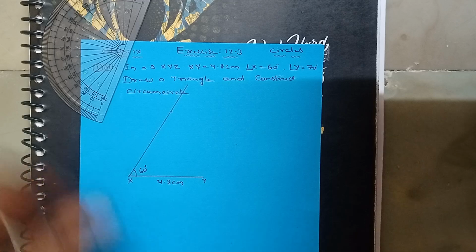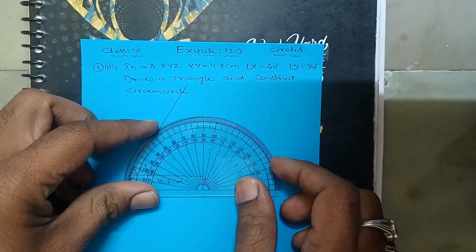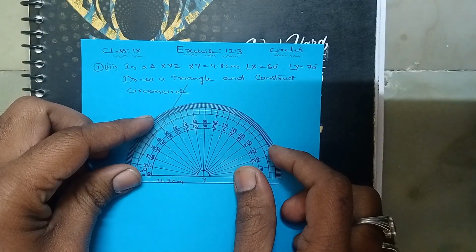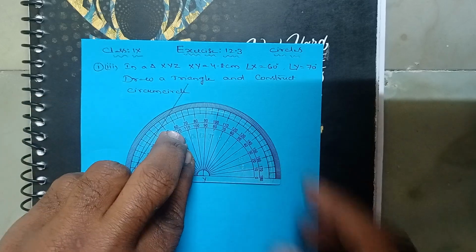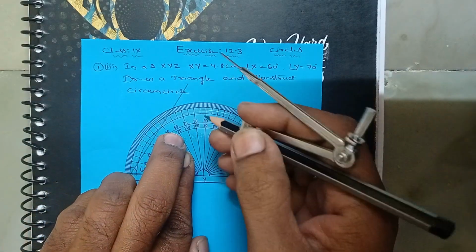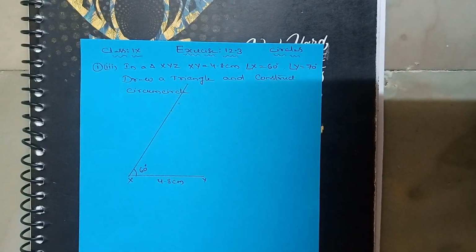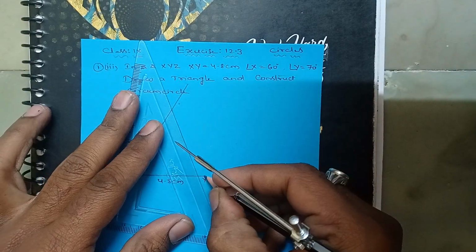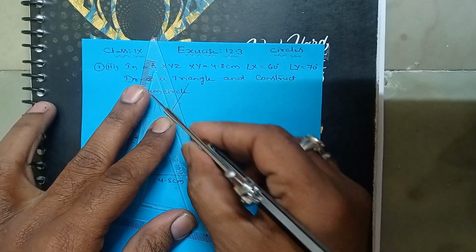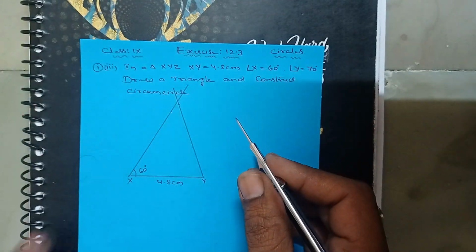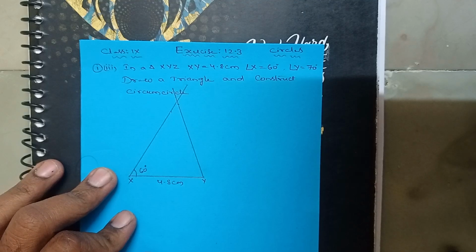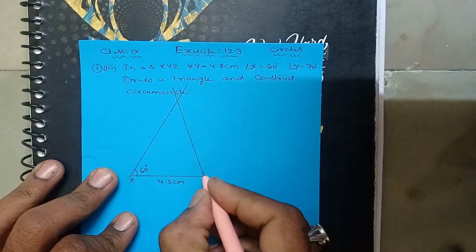Similarly, keep the protractor at point Y and mark 70 degrees, students. Join this line also. This one is angle 70.